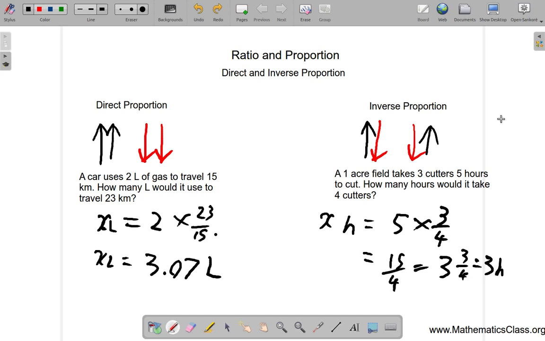What is 3/4 hours? 3/4 of 60 is what? That's 3 over 4 times 60, which is 45. Right, 3/4 hours, that's 45 minutes. It would take 3 hours 45 minutes. Alright?